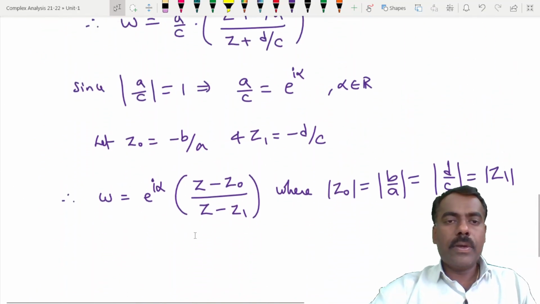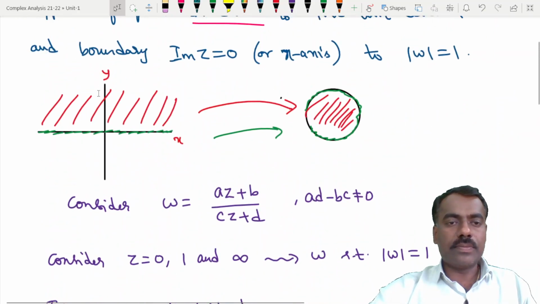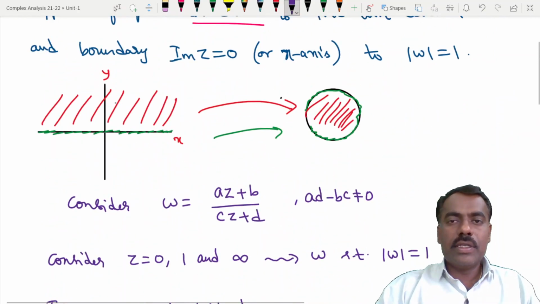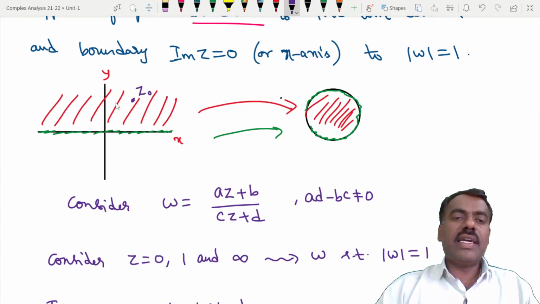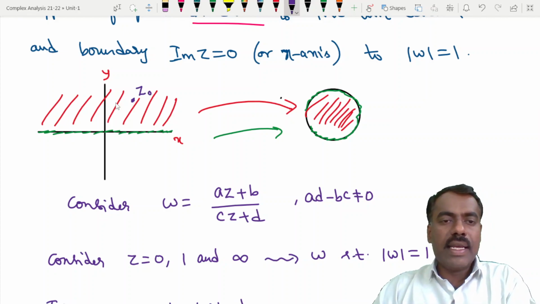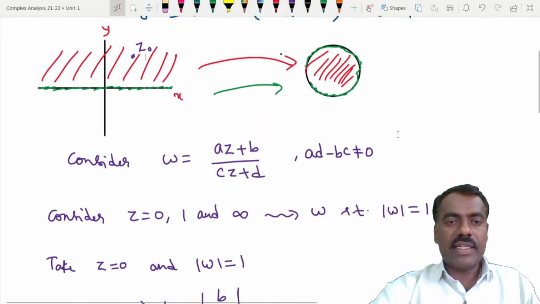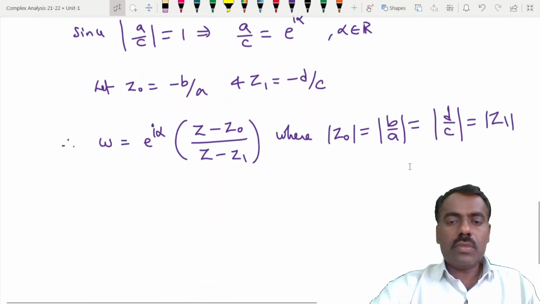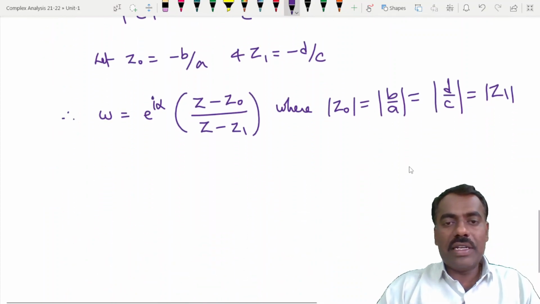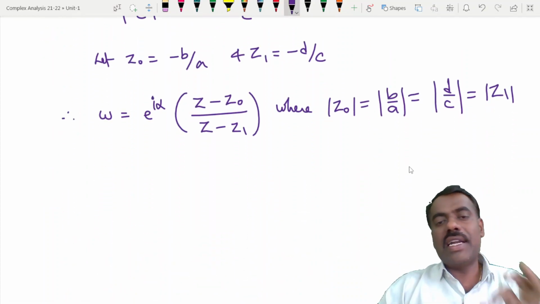Now you take any point here, say Z0, which goes to this one. Then what condition will we get? Before that, we will try to find whether there is any relation between Z0 and Z1.